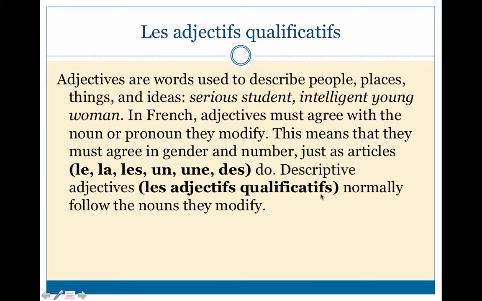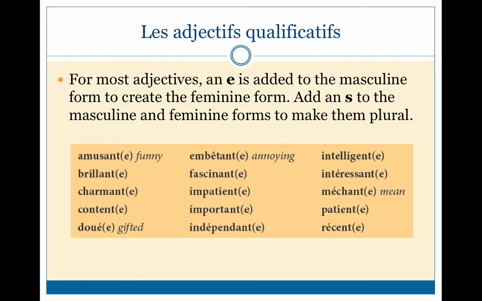So descriptive adjectives, or in French we call them les adjectifs qualificatifs, normally follow the nouns they modify. So that's our second difference. Here we have adjective and then the noun. In French, that order would normally be reversed. So here are some examples of adjectives, a lot of them cognates.